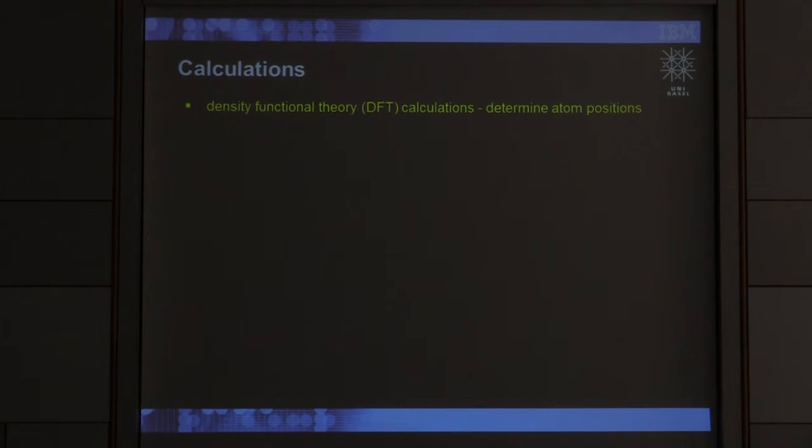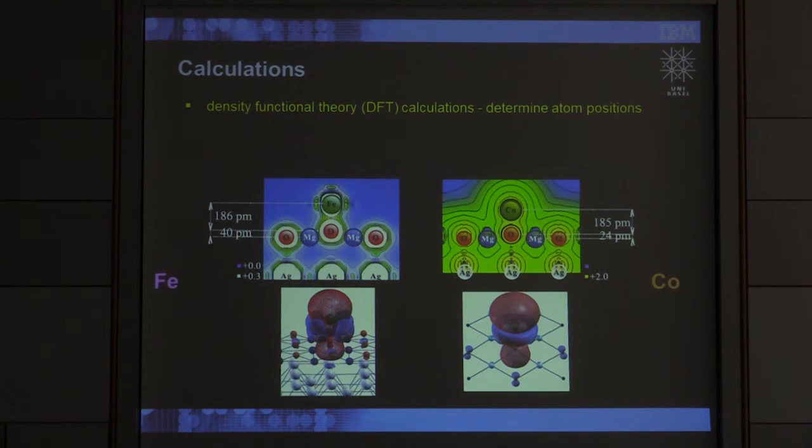All right. What we use is density functional theory calculations to determine the position of the atoms. So we have these nice calculations from our collaborators that show exactly where the iron atom is with respect to the oxygen and Mg, or the other way around, and the same for cobalt.